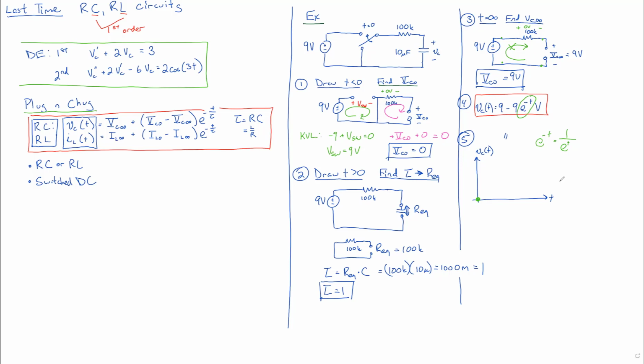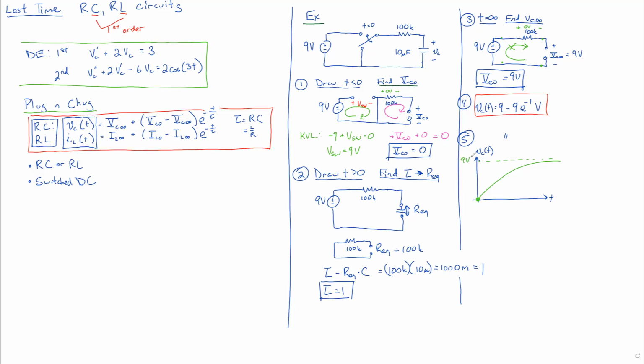So 1 over something ridiculously huge becomes small. Very small. And so what does this whole thing become? If this right section becomes really small, what does the whole thing become? Closer and closer to 9. So it looks like this, where it's sort of asymptotically approaching 9 volts after a long time.